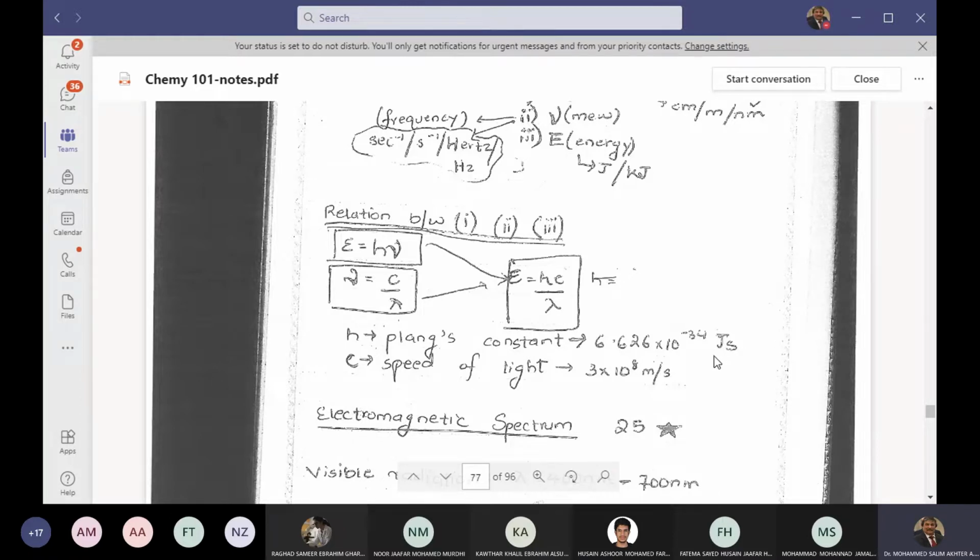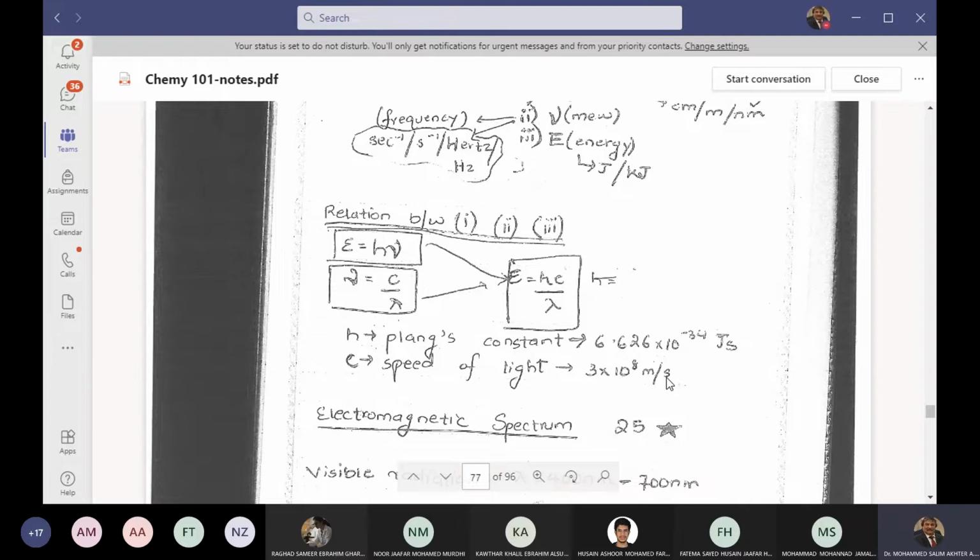My friend, one of the students asked me, is it joules per second? No, no, no. Joule second, multiply, joule second together. The velocity of light we normally denote as small c, speed of light, velocity of light, 3 into 10 to the power 8 meter per second.